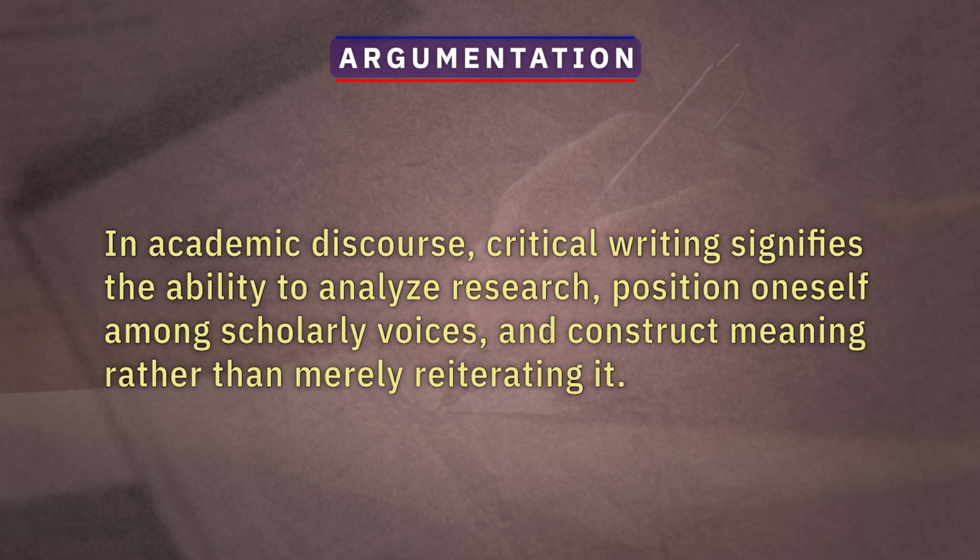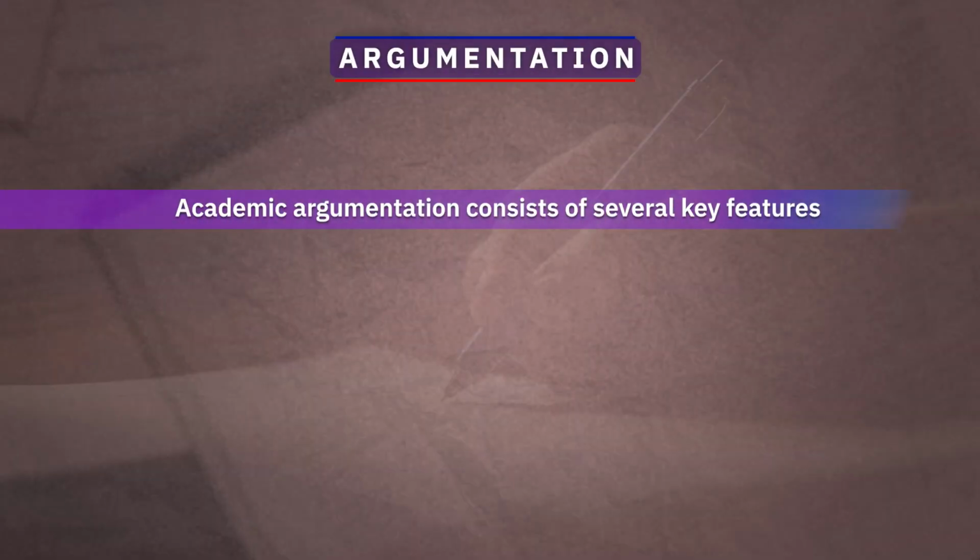And critical writing, therefore, is a very important way of constructing meaning. It is not merely the reproduction of meaning, but it is constructing new meaning. Academic argumentation consists of several key features.